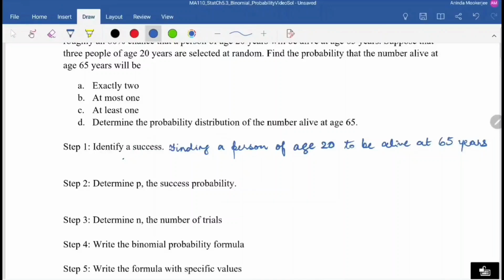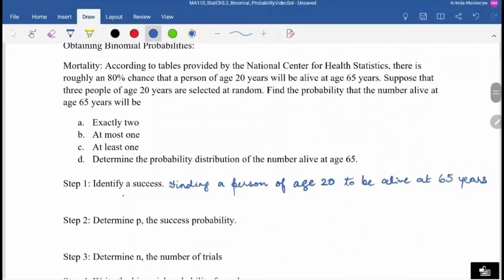Let me just go back to the previous step because I forgot to mention something. The way you can find out the success is by reading through the question again. It says here, find the probability that the number alive. So we are interested in finding the probabilities of the number alive. That's what our interest is, and that will be regarded as the success. The specified attribute here is the number of people found alive until 65 years.